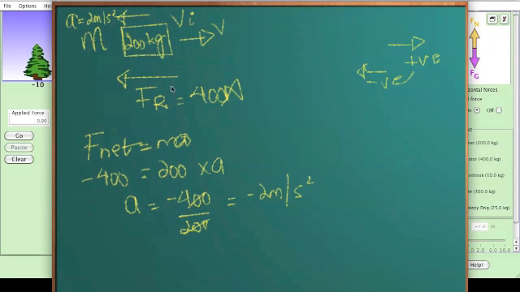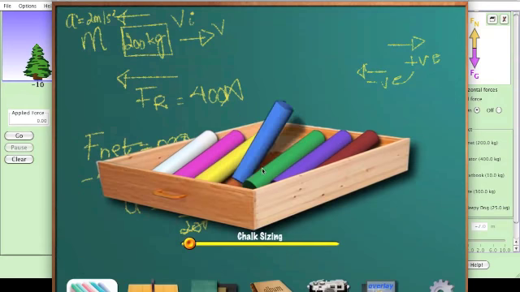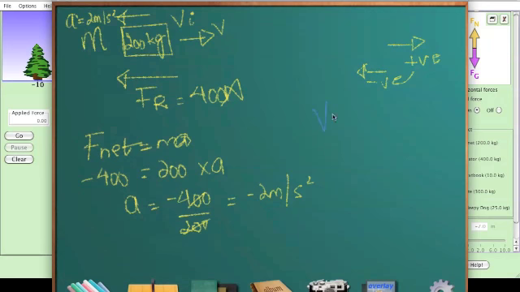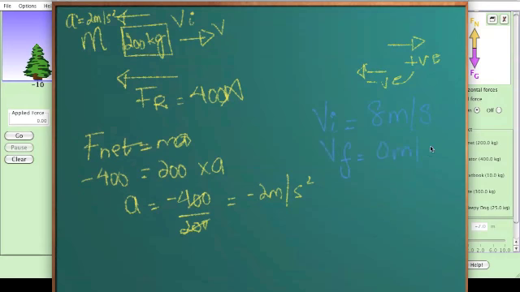Let's see how much time it takes to come to rest after I stop applying the force, when the only force being applied is the friction force. So the initial velocity at that point, when I stopped the applied force, was 8 meters per second, and the final velocity is 0 meters per second because I want to see the time taken for it to come to rest.